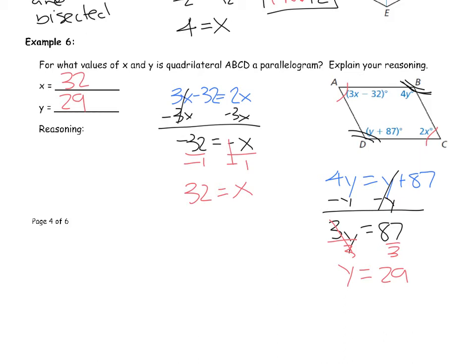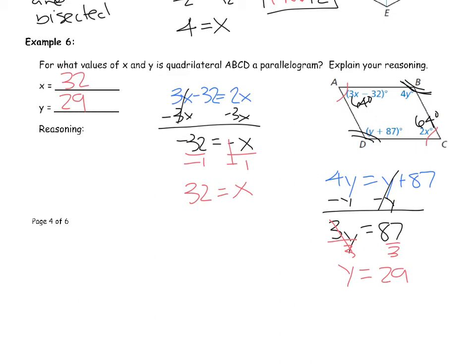Now, if we want to really double check and make sure that we did this right, because we should end up with the same values, let's plug that in. So if I did 2 times x, which is 32, then this angle here is 64 degrees. Then if I do 3 times 32, I get 96, and I take away 32 from that, I also get 64 degrees. So far, angle A and angle C check out. Let's check the other two angles.